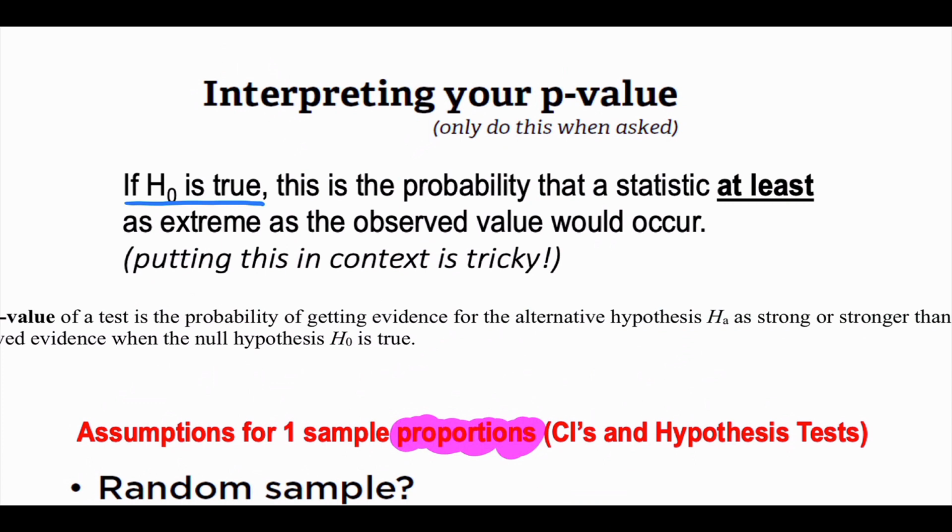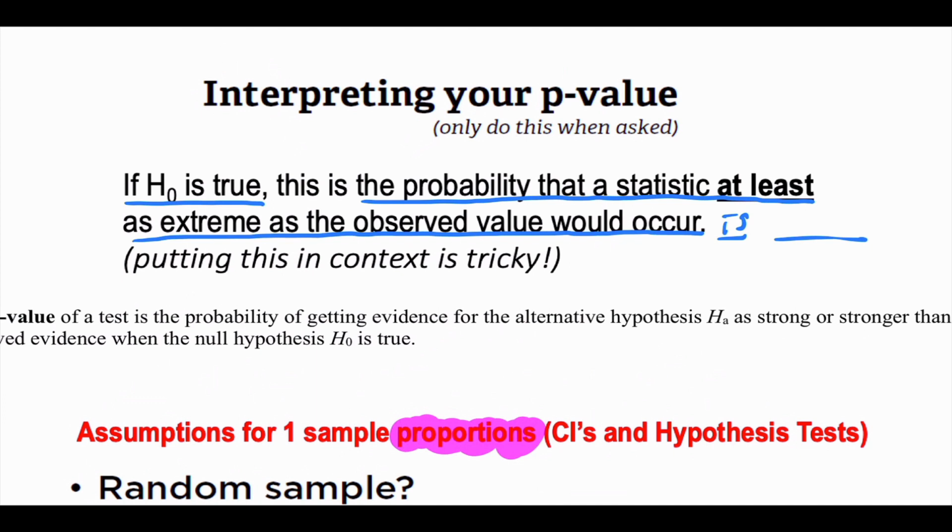If the null hypothesis is true, the probability that a statistic at least as extreme would occur is blank. That's going to be our sentence frame.